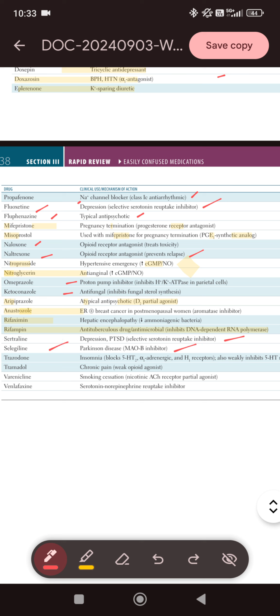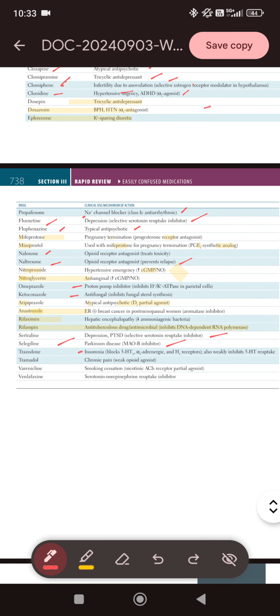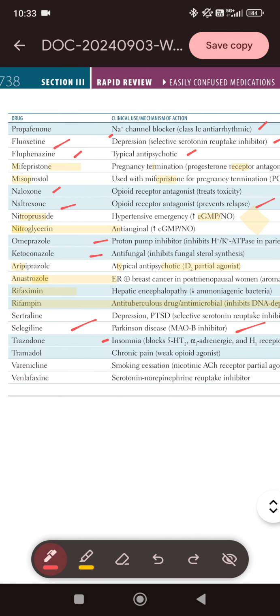Trazodone is used in insomnia. It is a 5-HT2 blocker and alpha adrenergic, H1 receptor blocker. Also weakly inhibits 5-HT reuptake. Then tramadol we all have come across. We give it in chronic pain, and it is a weak opioid agonist.